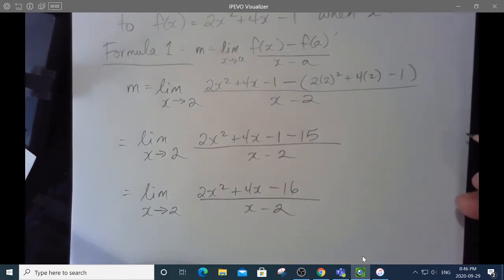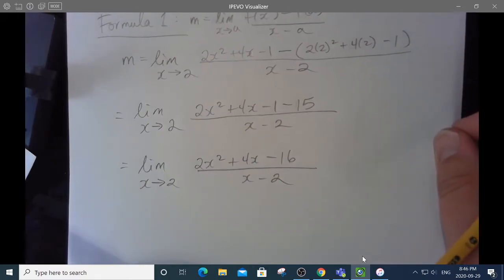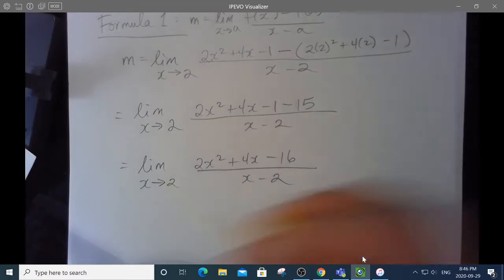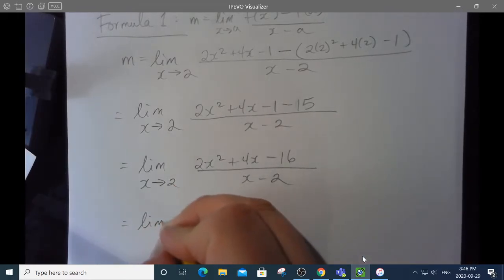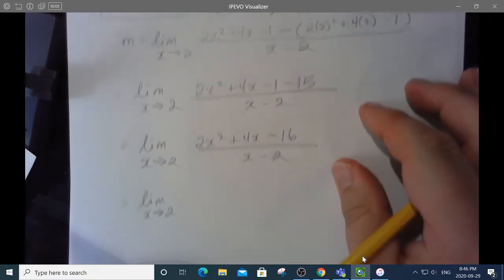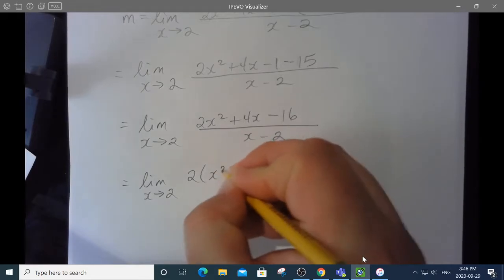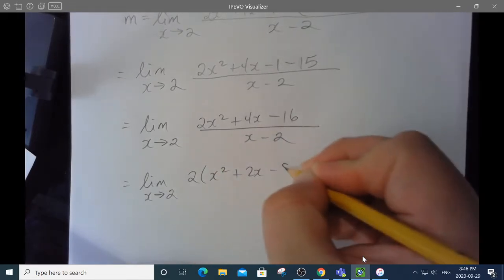Okay, what do you think is the next trick we're going to pull out of the old math toolbox? If you thought it's factoring, you thought right. So that's going to be the limit as x approaches 2, and notice the first thing you always look for when you're factoring is, is there a common factor? And there is. All three of these terms have a 2 in them. So that's 2 times x squared plus 2x minus 8.